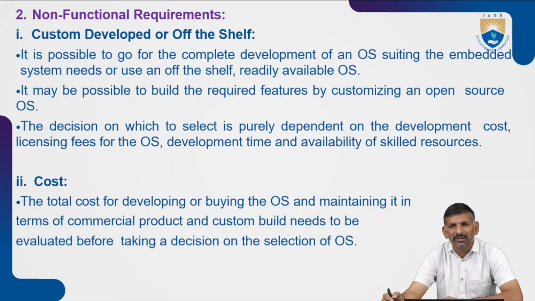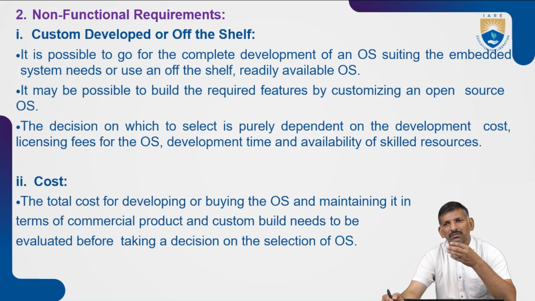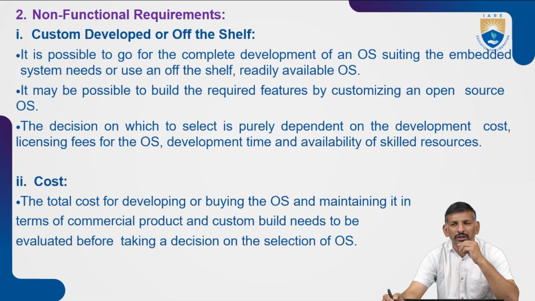Example, suppose I want to design some new application, smart home security. At that time, I need not design the operating system by myself. Arduino boards are available in the market. The operating system is also available in the market.